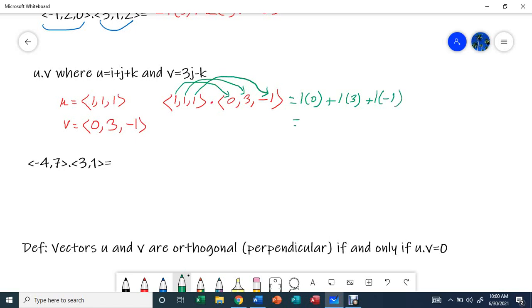We get here 0 plus 3 minus 1, which is +2.